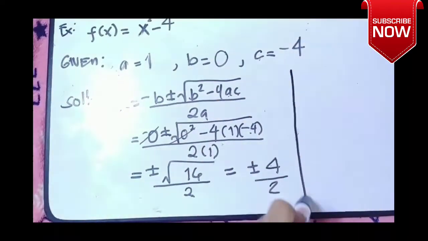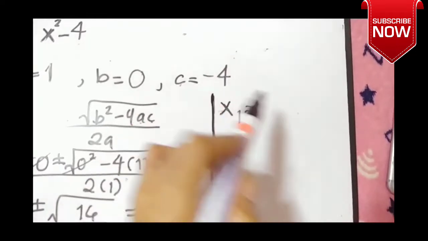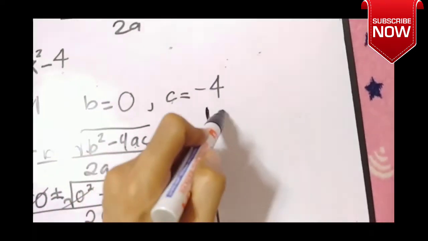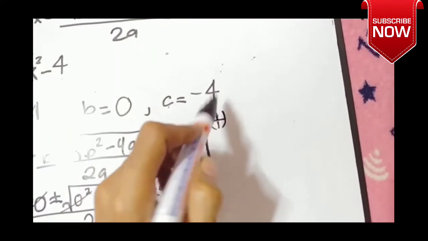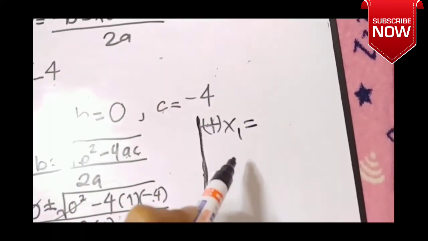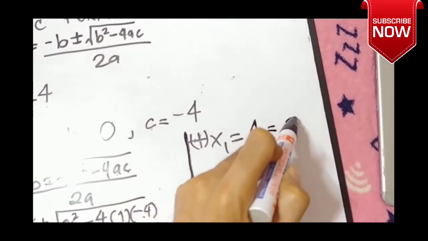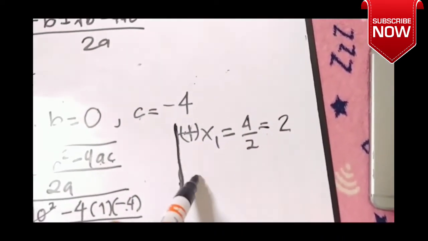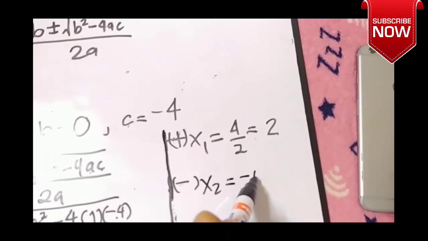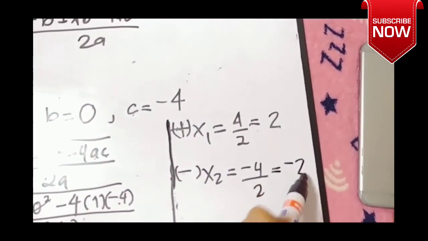Gagawa lang tayo dito ng separation. x1 equals, maglagay lang tayo ng plus sign. That is x1. So, positive 4 divided by 2, that is 2. Considering negative, x2, negative 4 divided by 2, that is negative 2.